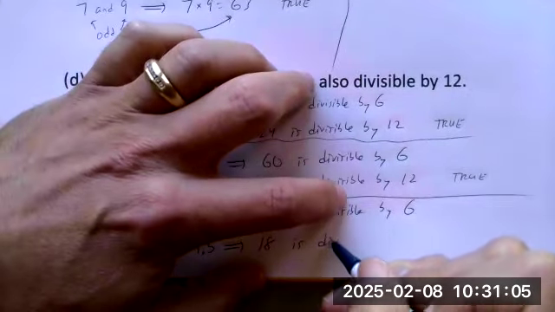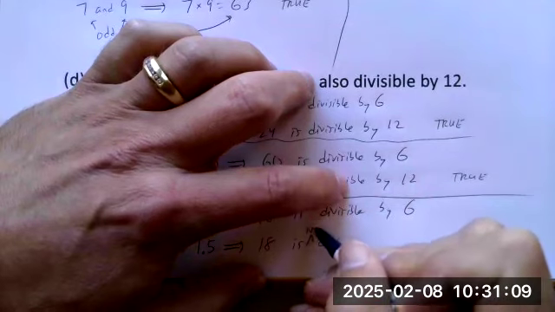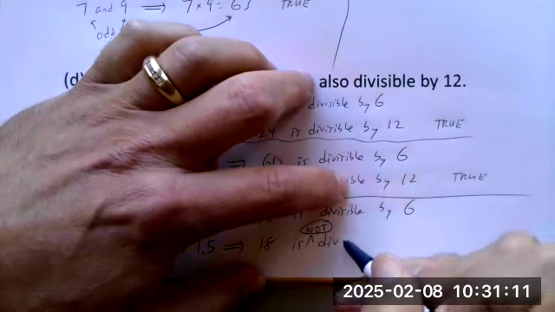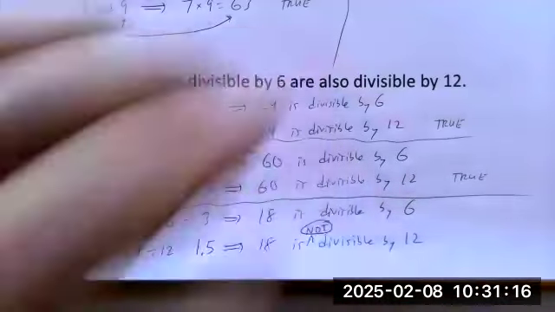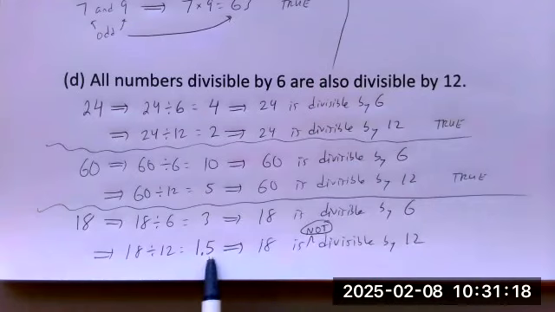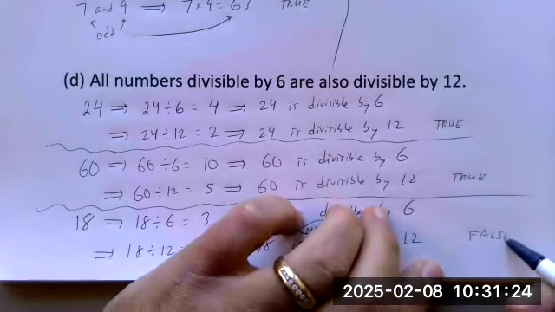That means 18 is not divisible by 12, because we didn't get a nice whole number answer there. So that is false.